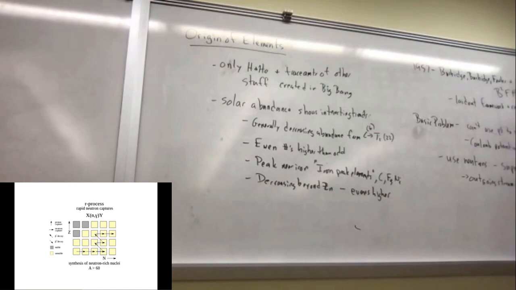So, table of isotopes, at least one like I've drawn it here: x-axis, number of neutrons, y-axis, number of protons.